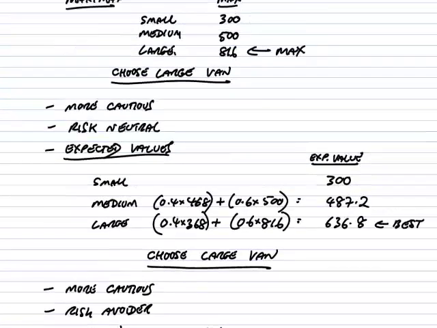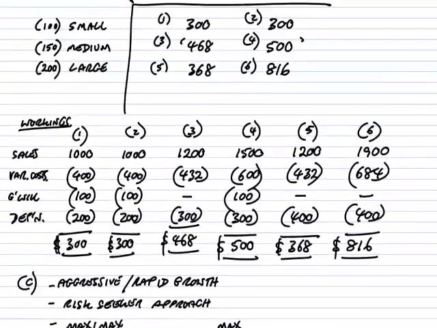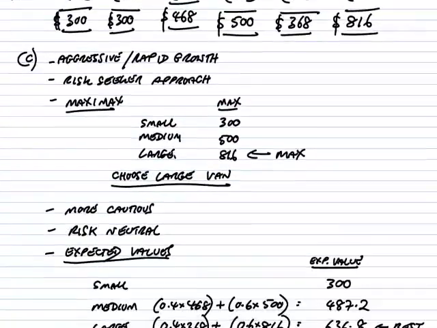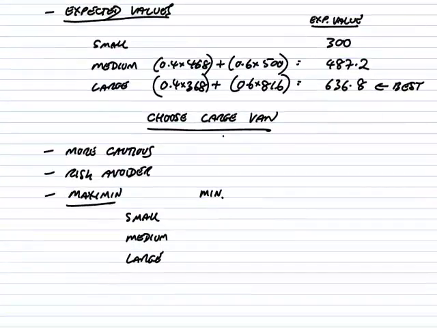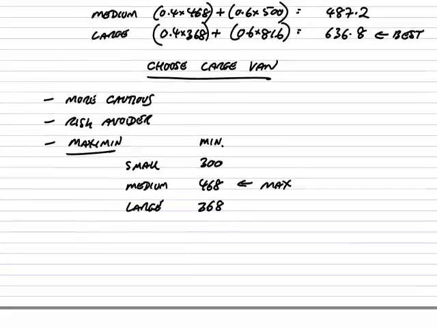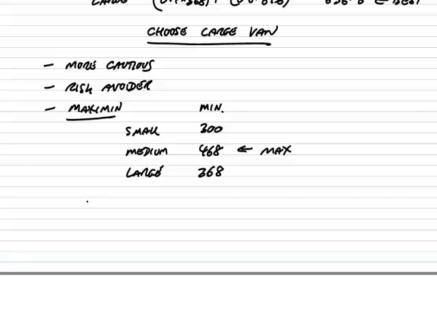It was either 300, 468, 368? And we pick the best or the maximum of those minimum ones. And so on this basis, you'd choose the medium van.